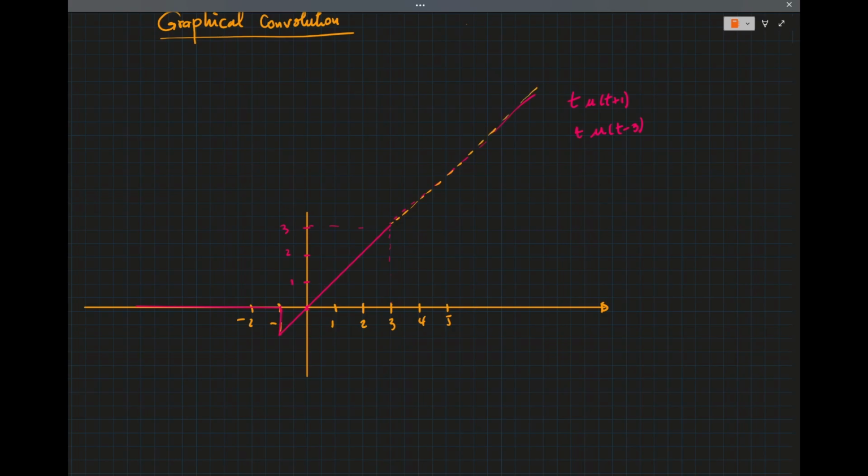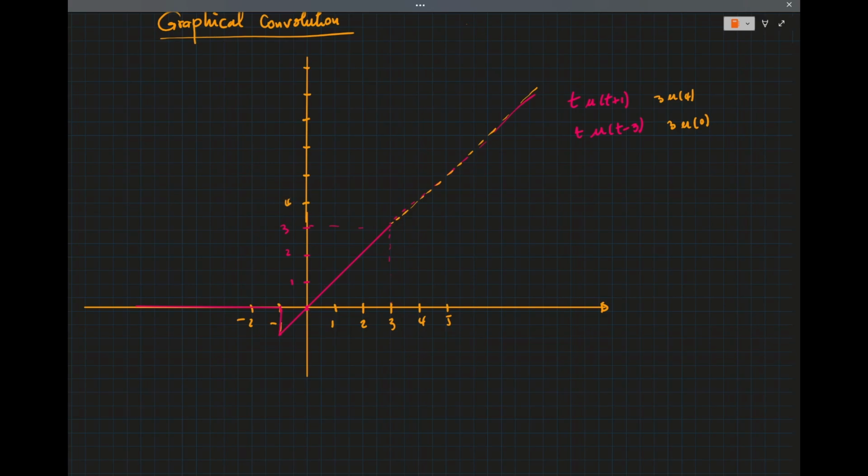Then when we add them, at t equal to 3 we have 3 times u of 4 plus 3 times u of 0. That's 6. If I sketch this correctly, this is 4, 5, 6, 7, 8, 9, and so on.